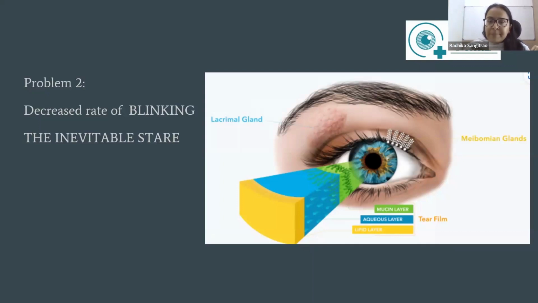God has created this layer of tear film on the eye. It has three different layers, three different components. This tear film, when maintained normally on the eye surface, gives you clear vision. Now, the minute you stare, the tear film dries out. That is why most people working on computers have this thing called dry eye.